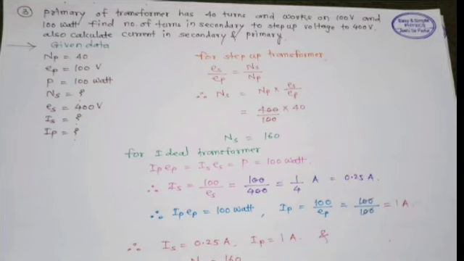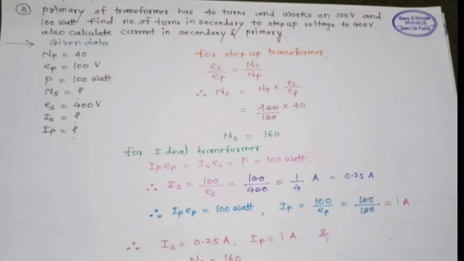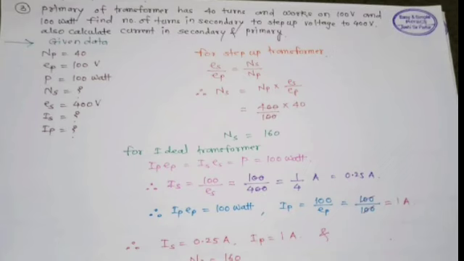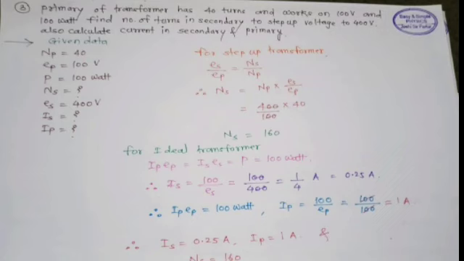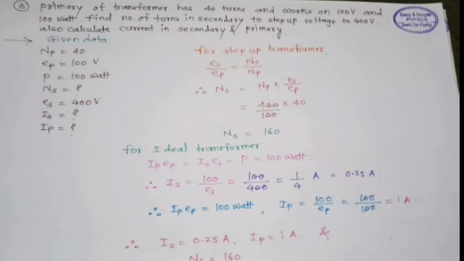Primary of transformer. Question number 3. The primary of a transformer has 40 turns and works on 100 volt and 100 watt. Find the number of turns in the secondary to step up the voltage to 400 volt.